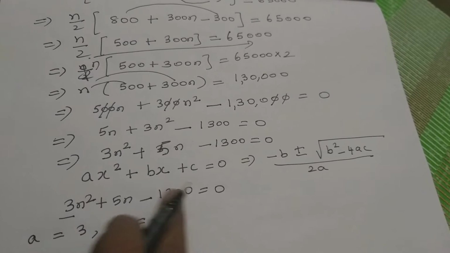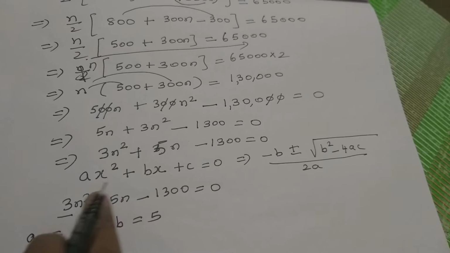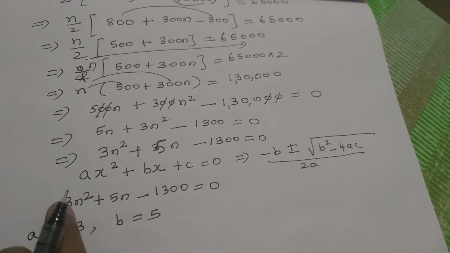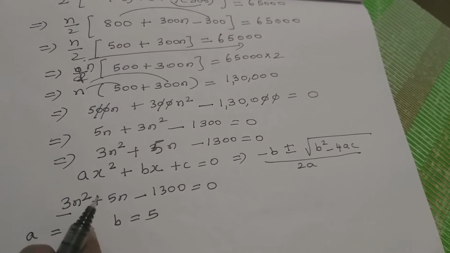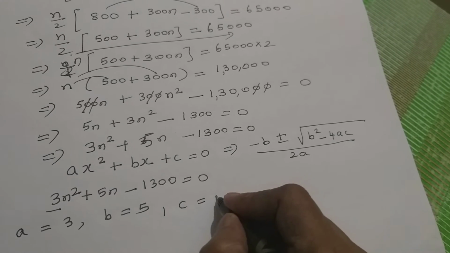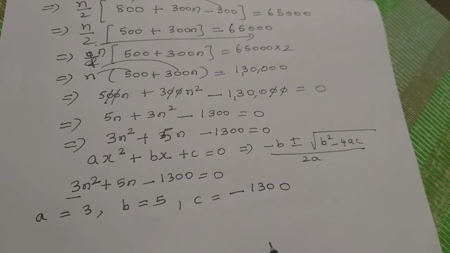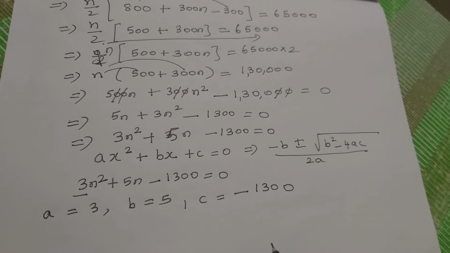Plus or minus sign doesn't matter, and it may be x or y or z, whatever it is, we can apply this formula. So a is 3, b is 5. The place of c is not plus, so minus means take it with the minus sign. So you are getting a equal to 3, b equal to 5, and c is minus 1300.